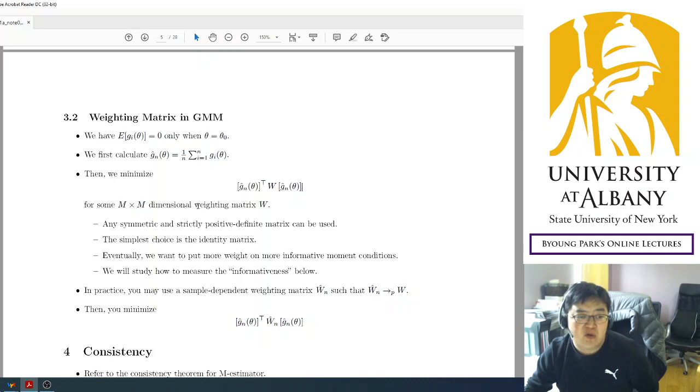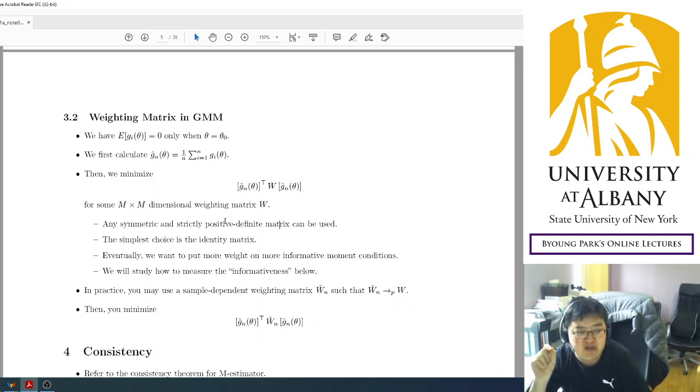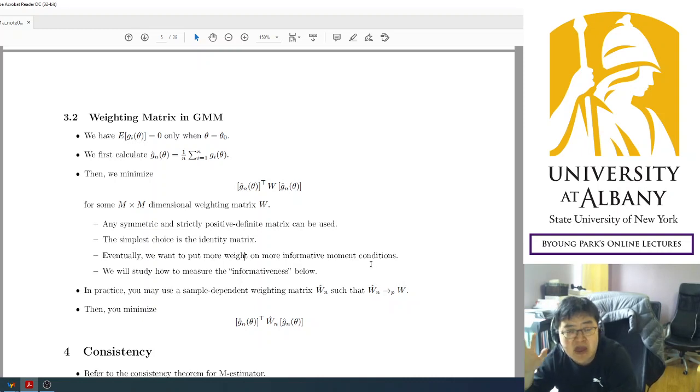And of course, choosing the weighting matrix is important. Any symmetric and strictly positive definite matrix is good, but if you choose it more carefully, then you can do better. The simplest possible choice is the identity matrix. Put equal weights on every moment condition, then you are using the identity matrix. Using the identity matrix is not wrong, but there are better ways, better metrics than the identity.